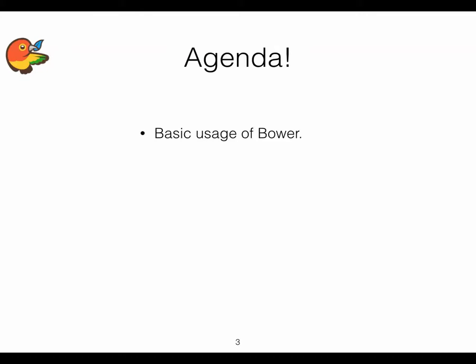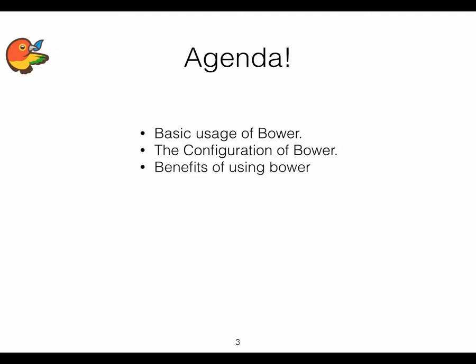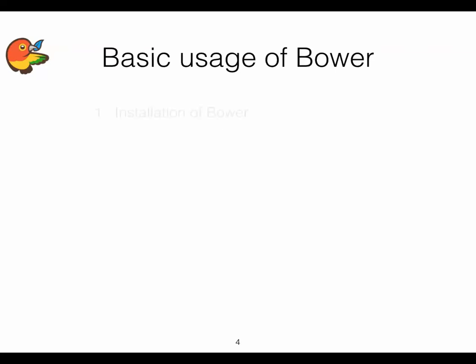Now, today's agenda, we will learn the basics of Bower. Then we will go through what are the configurations we can do to use the Bower, and also we will discuss the benefits of using Bower in our project or application. Okay, basics of Bower.